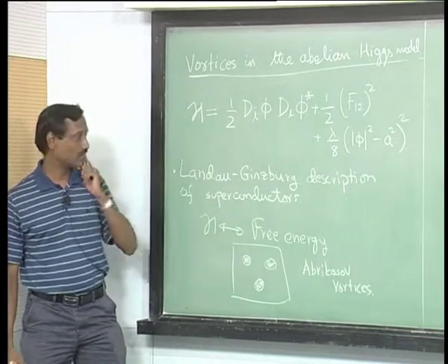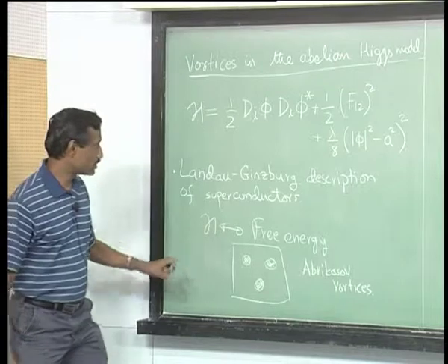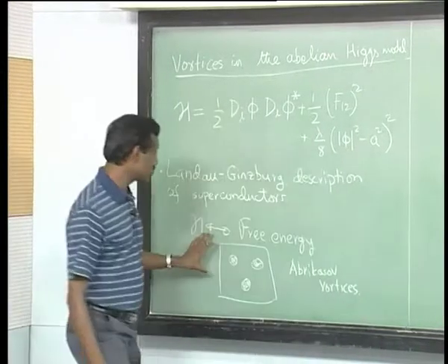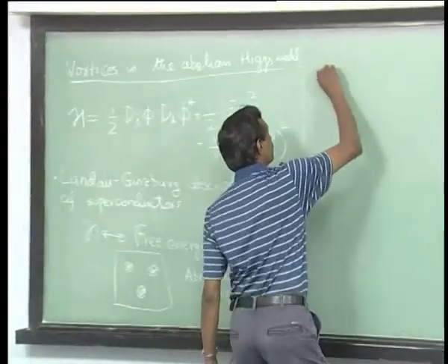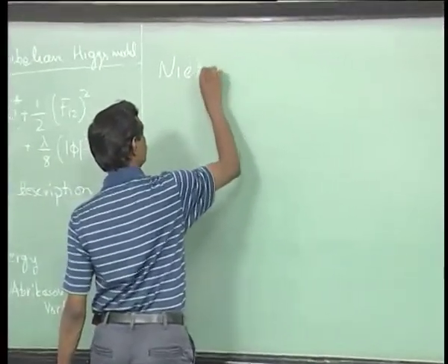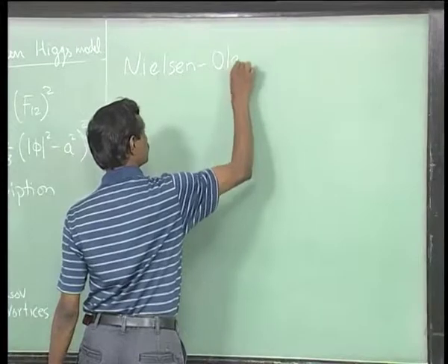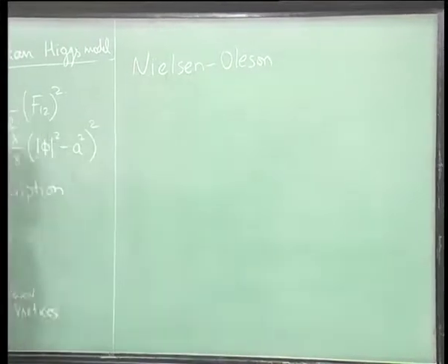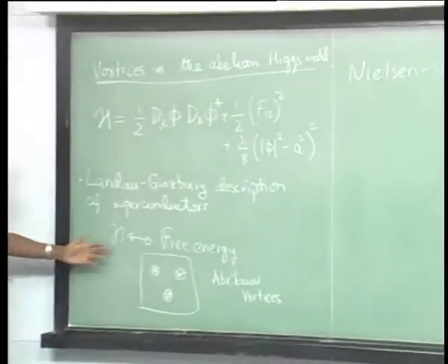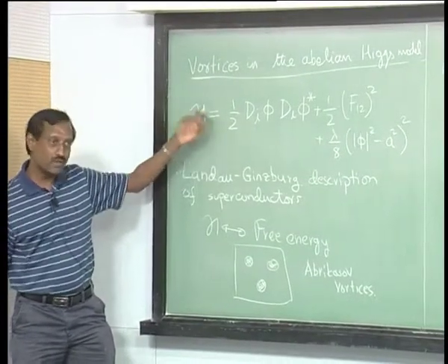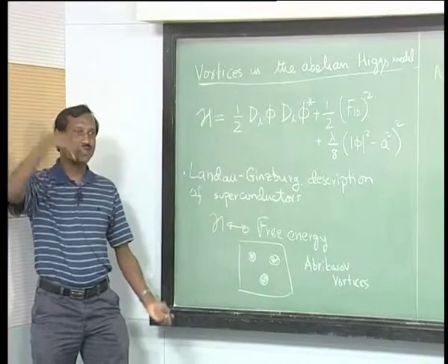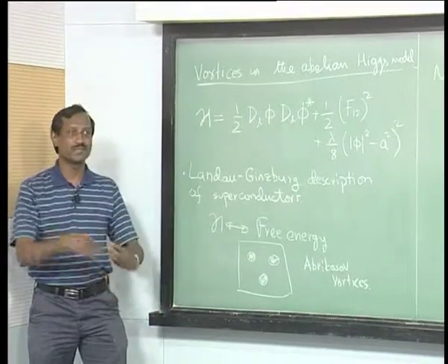The realization that these two are the same goes back to Nielsen and Olesen, who embedded this into a relativistic theory. So you could even think of this as coming from a 3 plus 1 dimensional theory, where instead of flux tubes, you think of them as strings.